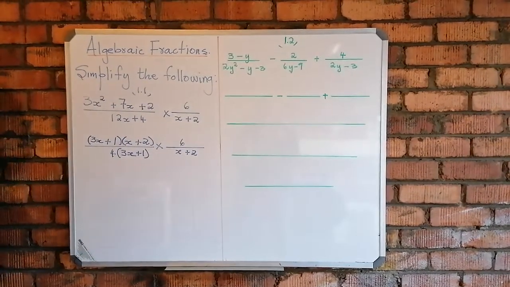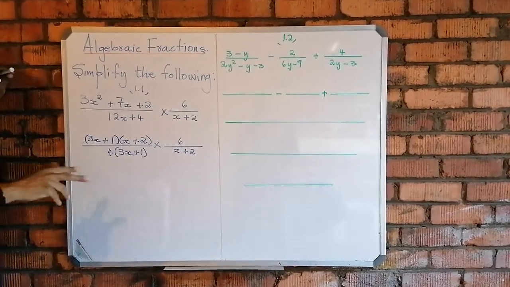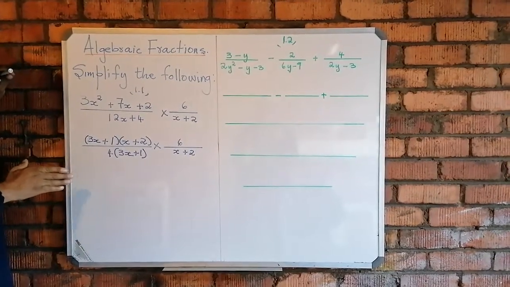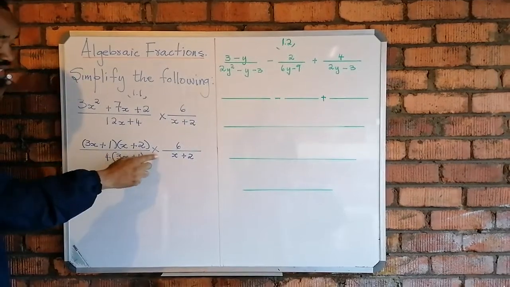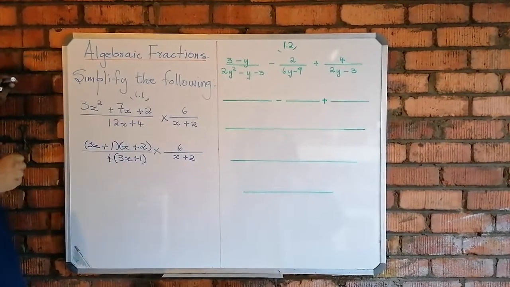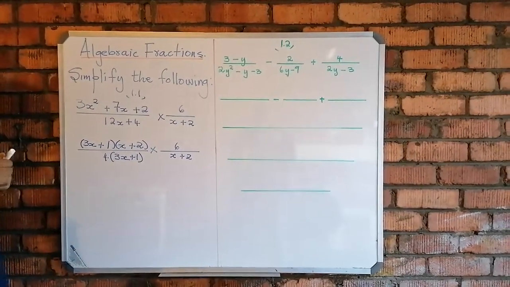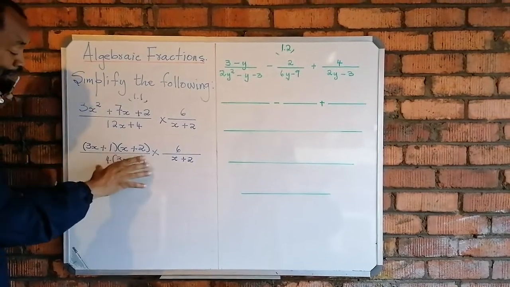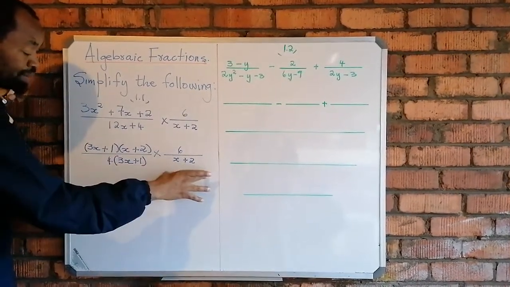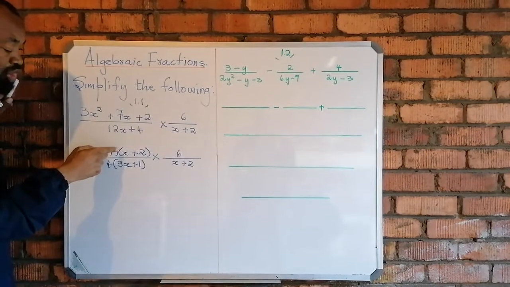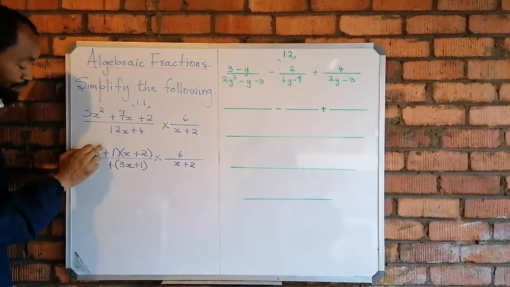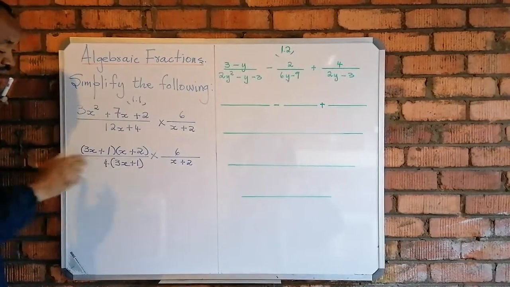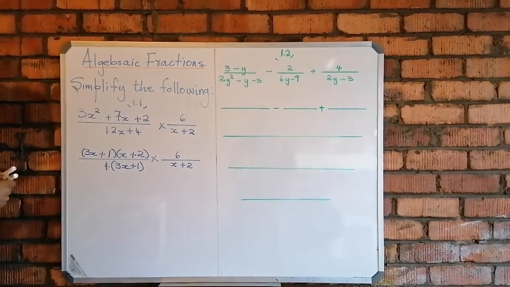The next important thing is, what mathematical operation are you dealing with in your fraction? In this case, it is multiplication. That means now that because I am multiplying these two terms, I can cross cancel the same. Because on this side I'm now multiplying, I can also cancel the same.